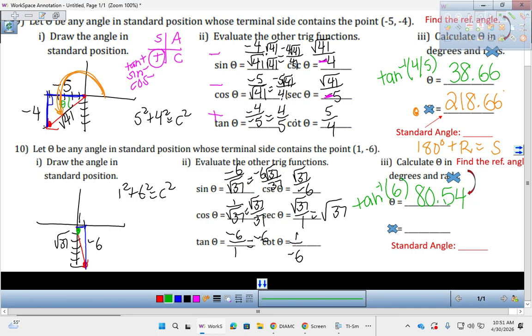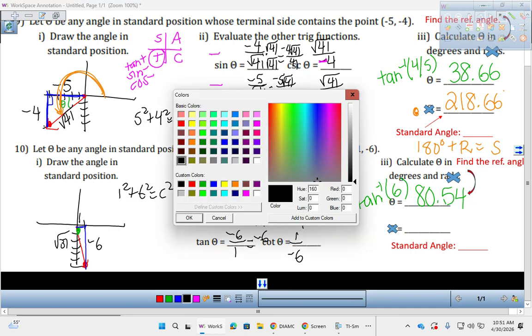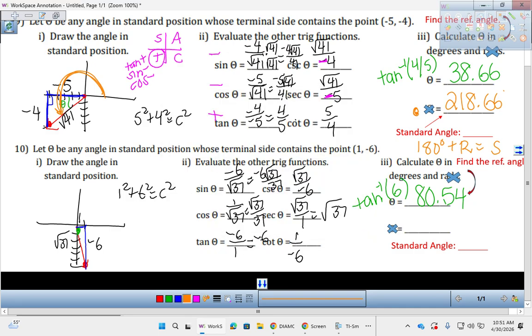And I'm in quadrant 4, so when I'm thinking about my standard angle starts here and goes to that red. So you can see my standard angle plus that little bit of green is going to get me through the full circle. So my standard angle plus my reference angle equals 360. Each quadrant has its own rule.